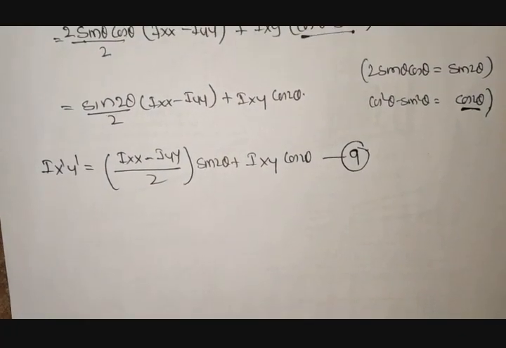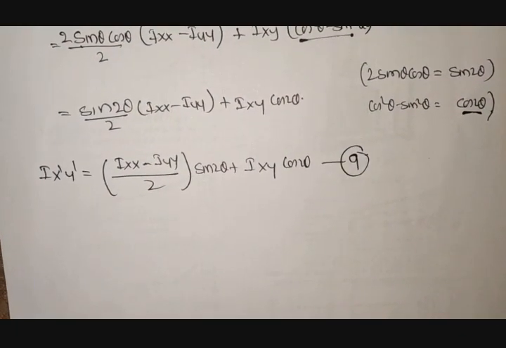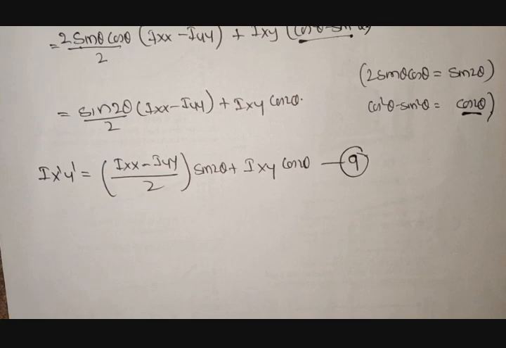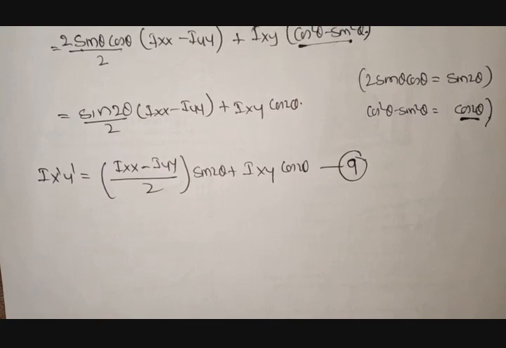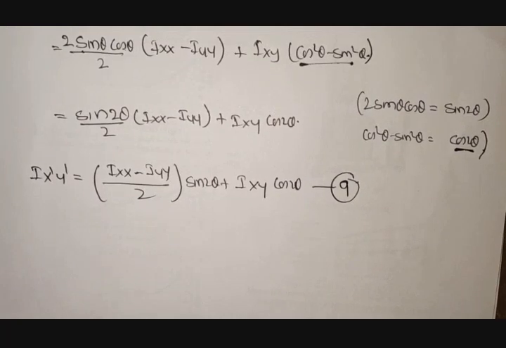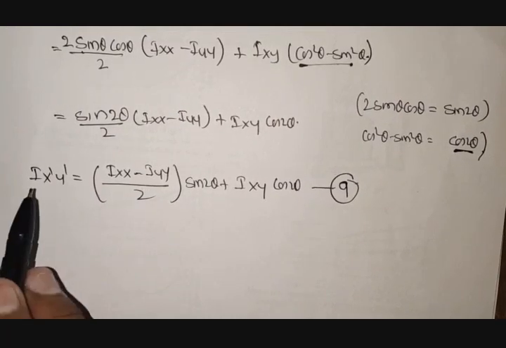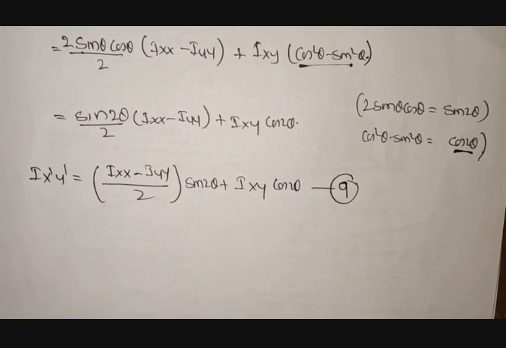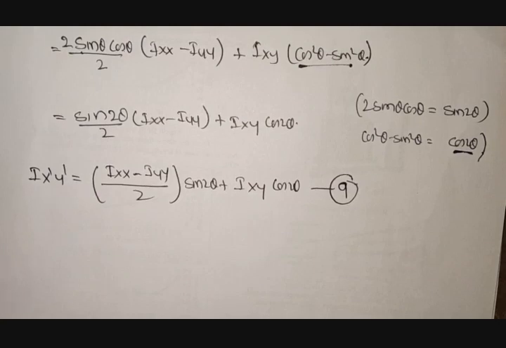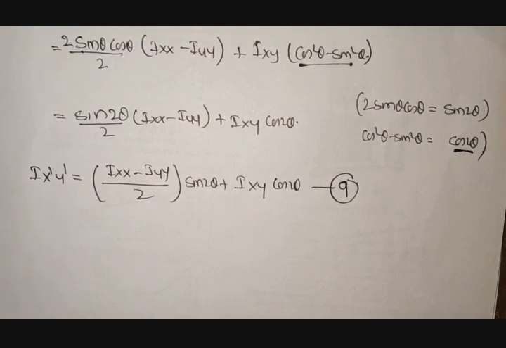So here we have found out the product of inertia, and the moments of inertia about the new axes: Ix', Iy', and Ix'y' we have found out. Now the main important thing is the principal axis; the direction of the principal axis we have to find out.